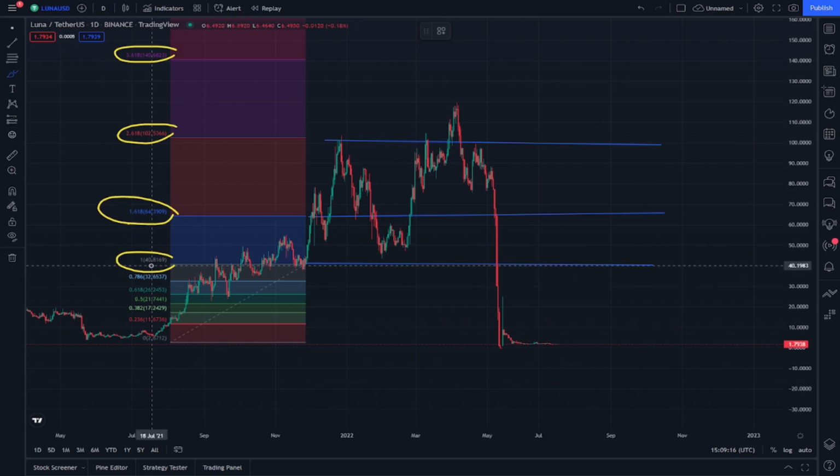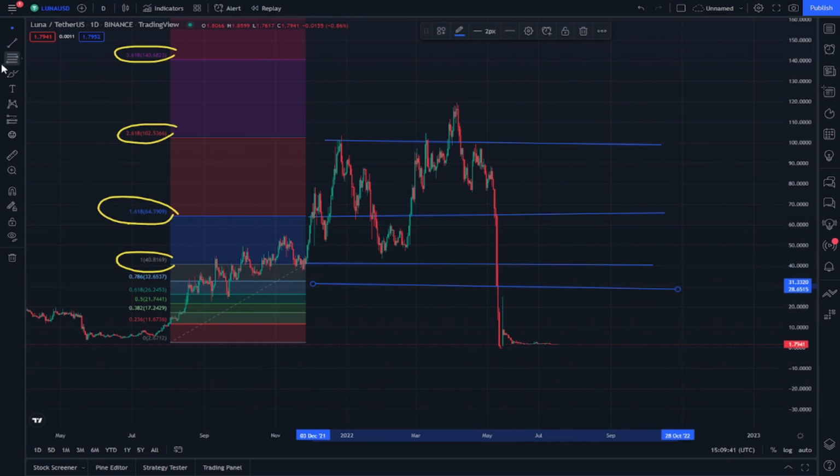So when we start from 1 Fibonacci at 40 cents and 0.618 at 64 cents, we can say that if we calculate, if we say 0.7, okay, we have a trend line below here also.